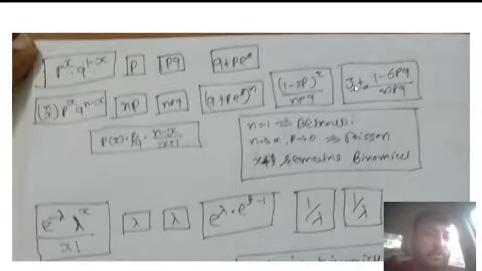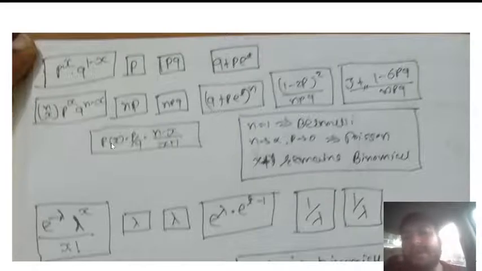So 3 plus (1 minus 6pq) upon npq is the kurtosis of the binomial distribution, and skewness is (1 minus 2p) all square upon npq.